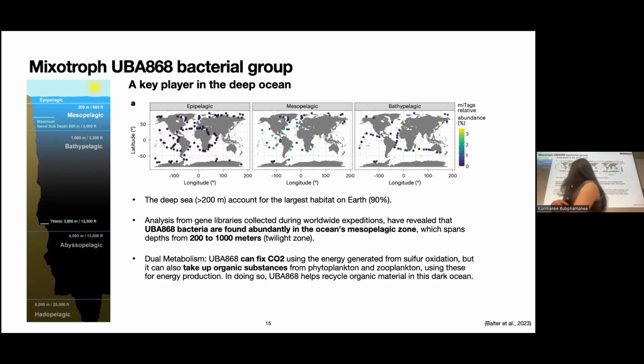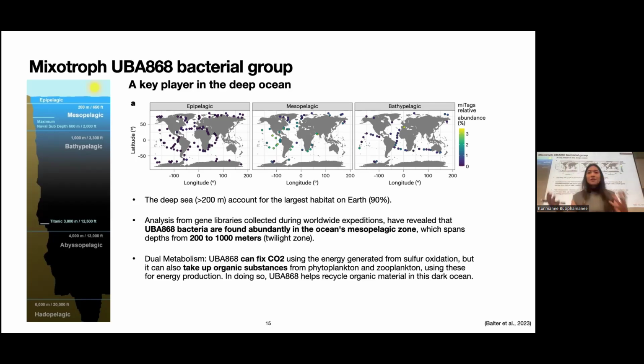And not only that, what they do is also important, because UBA 868 can fix carbon dioxide using energy generated from sulfur oxidation, but it can also take up organic substances from phytoplankton and zooplankton, using these for energy production.